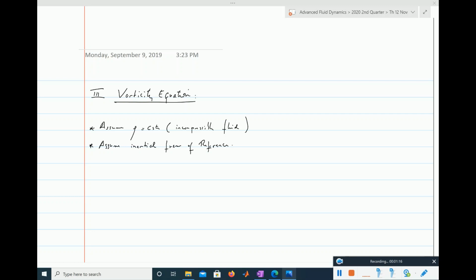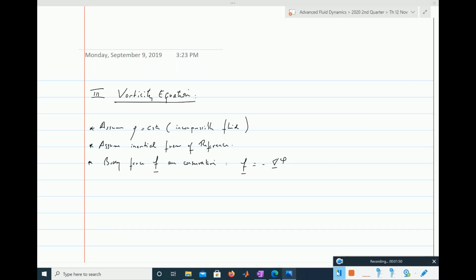So for the vorticity equation, we are not in a non-inertial frame of reference, which are frames of reference where you have to take into account the effects of inertial forces, which you've seen maybe before in high school and in your bachelor. It means that the frame is not translating at a constant velocity with respect to an inertial frame of reference.